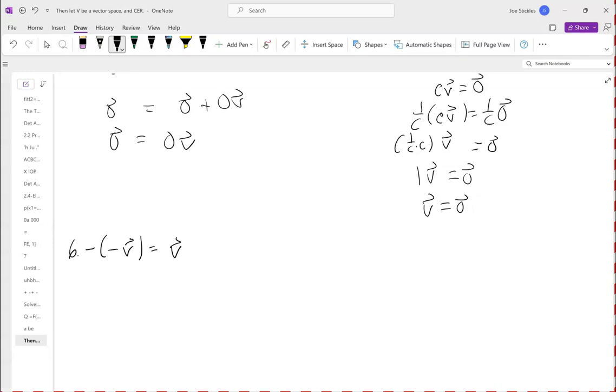One property that they list in this theorem, one property that also is true that they don't list in this theorem is that if I do the scalar negative 1 times a vector, I really do get the additive inverse of the vector.